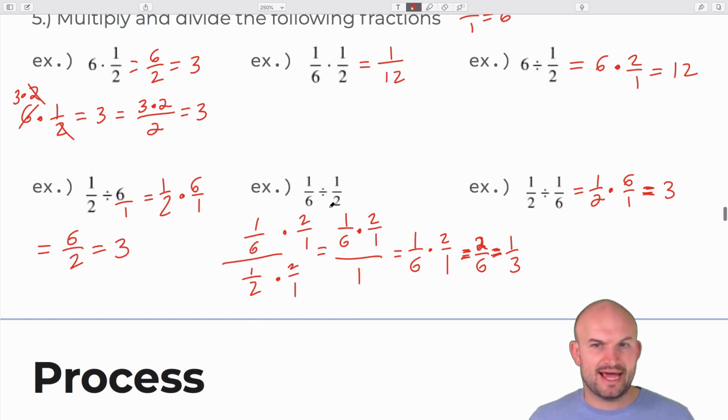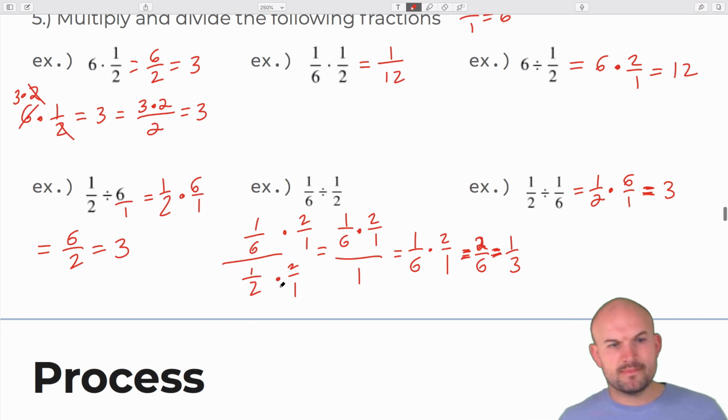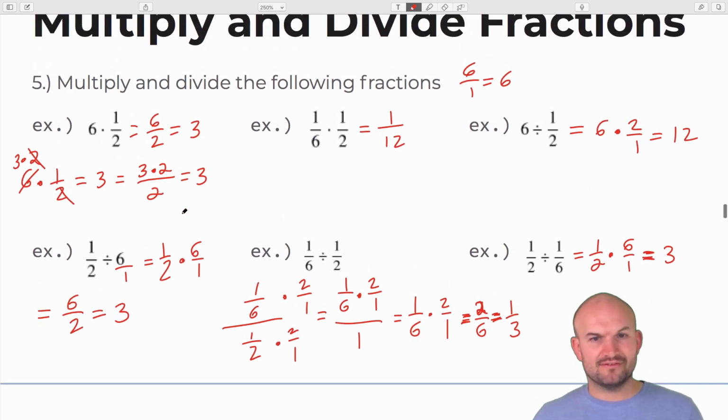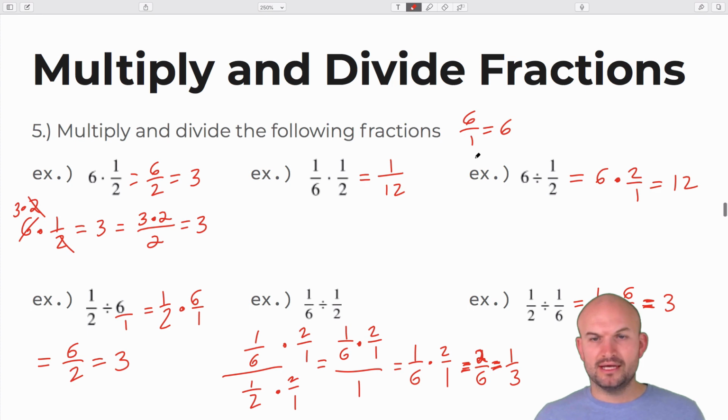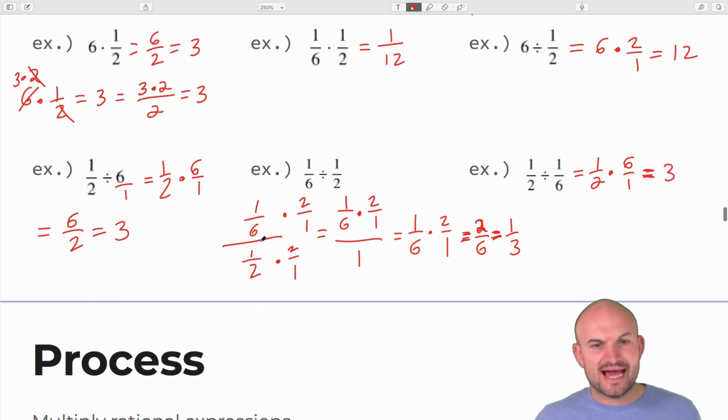6 divided by 1/2. Well, again, my favorite fraction is 6 over 1, because 6 over 1 is just 6. So what that means is, if I have a fraction where 1 is in the denominator, I actually don't have a fraction. So right now, I have this big fraction: 6 over 1/2. Well, if I want to reduce this to a single fraction, I need to get this number to be 1. So what should I multiply 1/2 by?